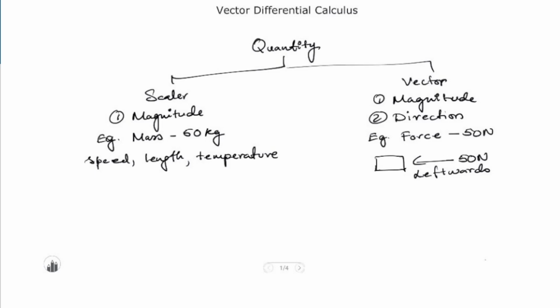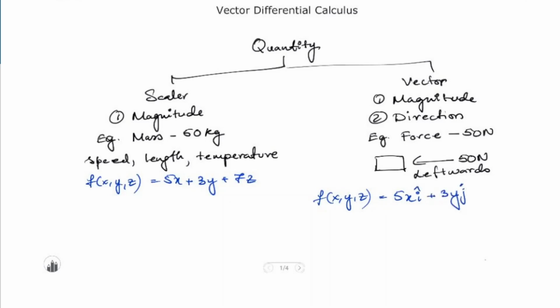And if we represent a function in scalar quantity, it would look something like 5x plus 3y plus 7z. While if we represent a function in the vector quantity, it would look like 5x i cap plus 3y j cap plus 7z k cap.